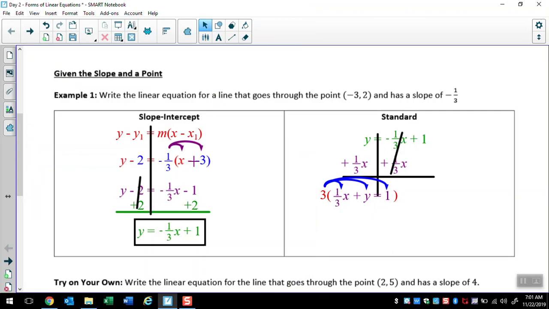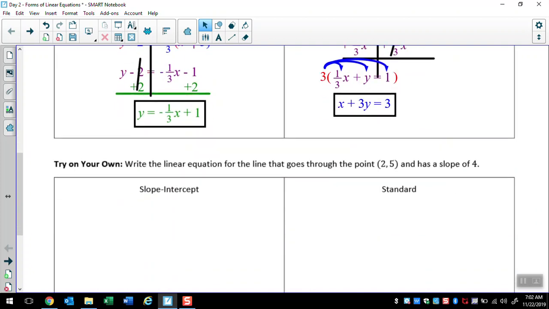So 3 times 1/3 x is just 1. 3 times y is 3y. 3 times 1 is 3. So my equation is going to be x plus 3y equals 3. Remember, I don't write the coefficient 1. It stays invisible. So now I've converted my equation from slope-intercept form to standard form.